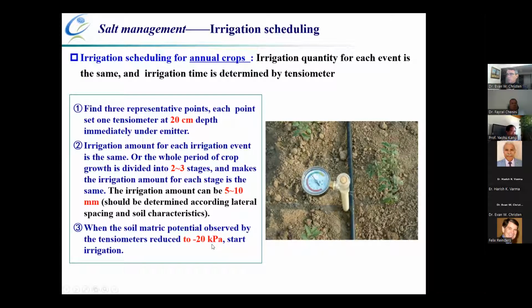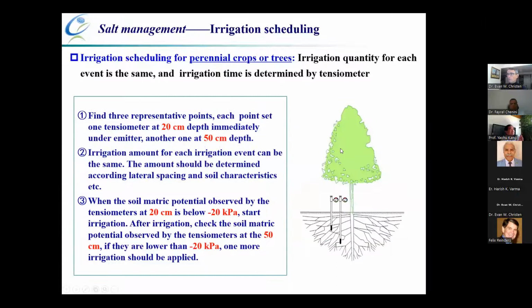Yeah, this point is different from the previous. Also, for perennial crops or trees, it's similar. When we control the soil matric potential at 20 centimeter depth to minus 20 kilopascal, it can be reached there. And the yield is also very high.